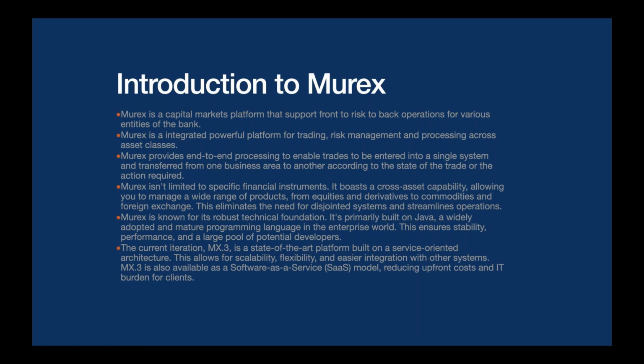Then there are some Australian banks, like National Australia Bank and CBA, Commonwealth Bank of Australia, and an Asia Pacific bank like DBS, Development Bank of Singapore. All these banks use Murex as their core trading platform, ranging from front to back to risk.